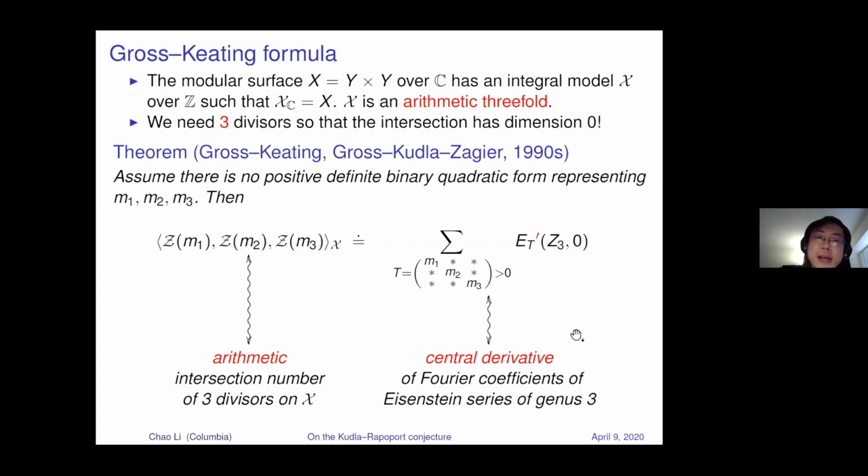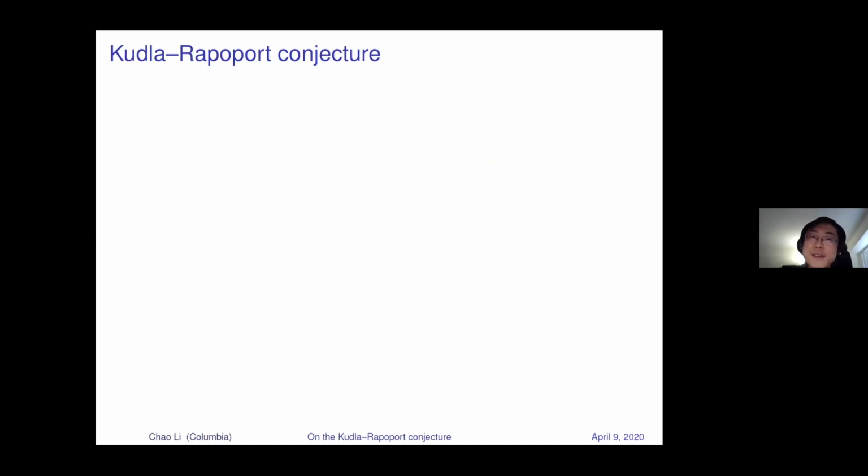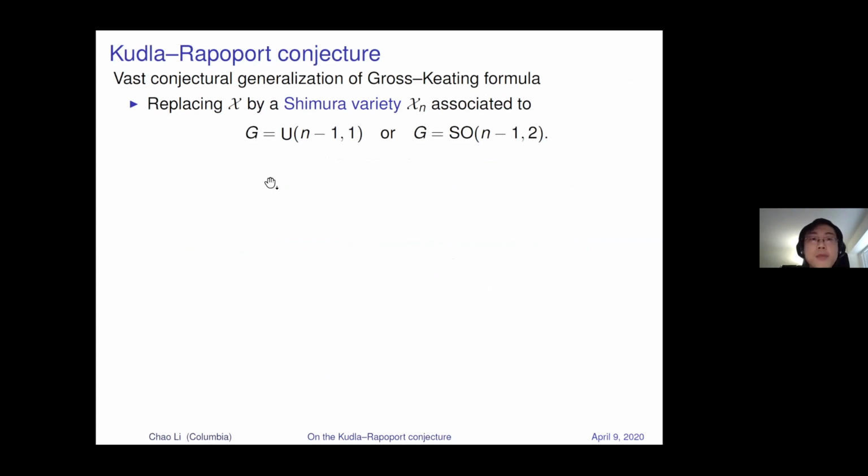Okay, so now you can imagine, why do I stop at just 3 divisors? So here's a vast generalization made precise by Kudla-Rapoport. This could be considered as a vast conjectural generalization of the Gross-Keating formula by replacing this arithmetic threefold now by an arithmetic n-fold, namely an integral model of certain Shimura varieties associated to either a unitary group of signature (n-1,1) or an orthogonal group of signature (n-1,2).